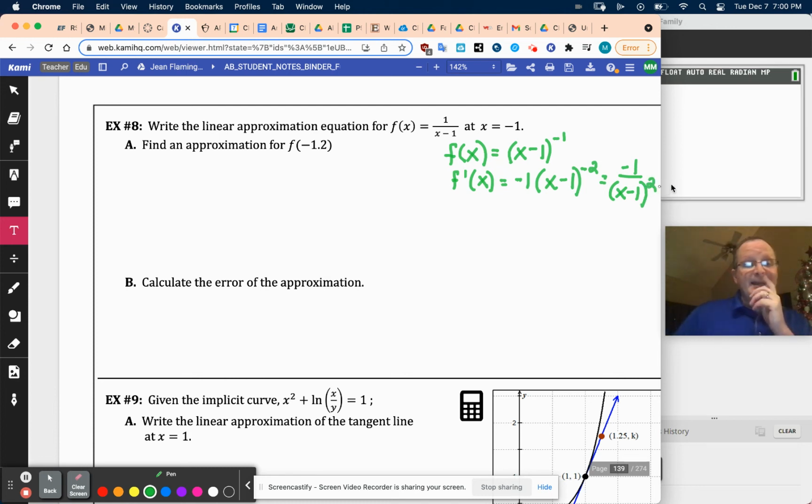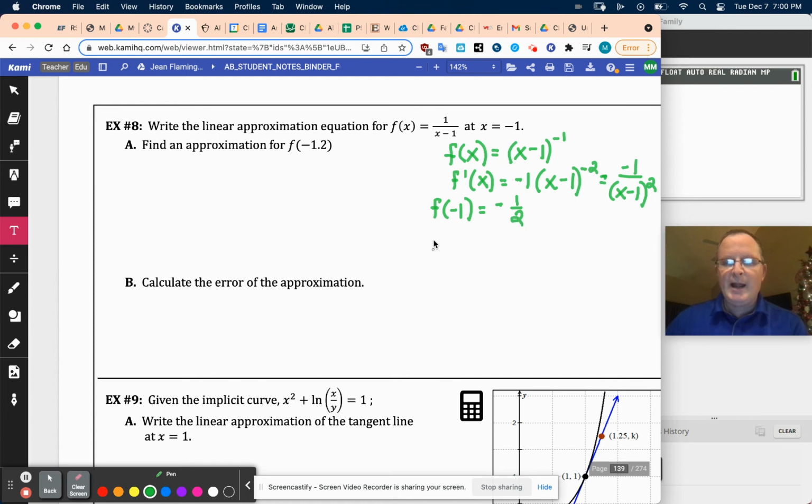And of course, to find the line that's going to represent that particular moment, I need a couple of things. I need f of negative 1, but f of negative 1 is going to be negative 1/2. Okay, cool.